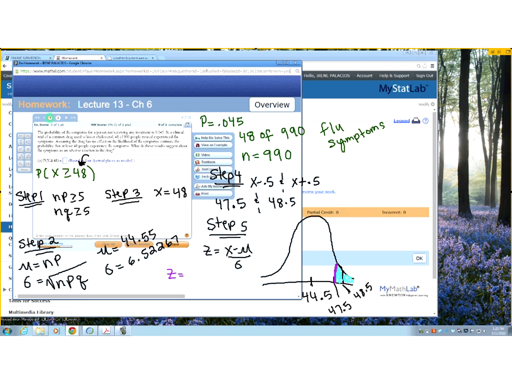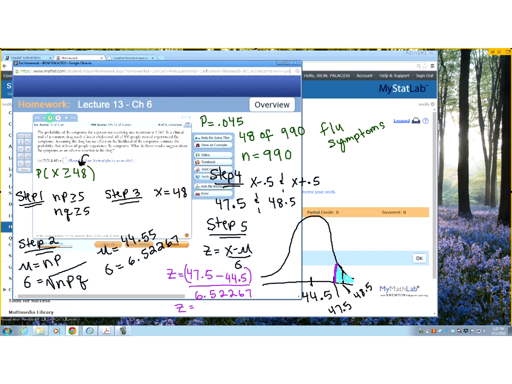So z is equal to, and then you use that value of x. The marker starts on the left, so 47.5 is what we're using, minus the mean, and then you're dividing by the standard deviation. Don't forget the parentheses in the numerator. That is going to give you your z-score.